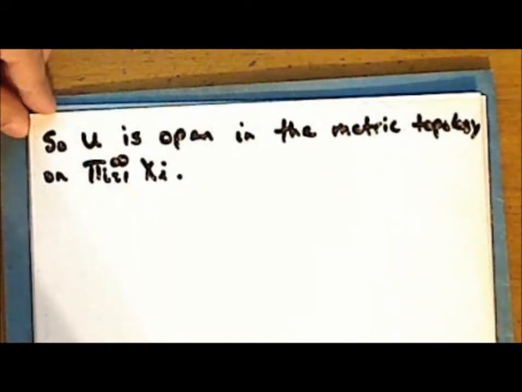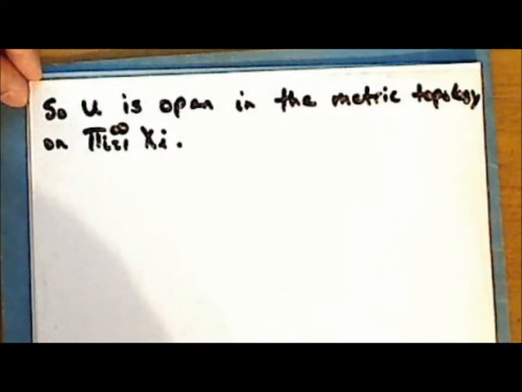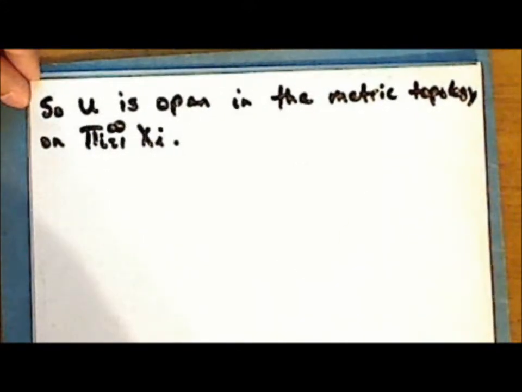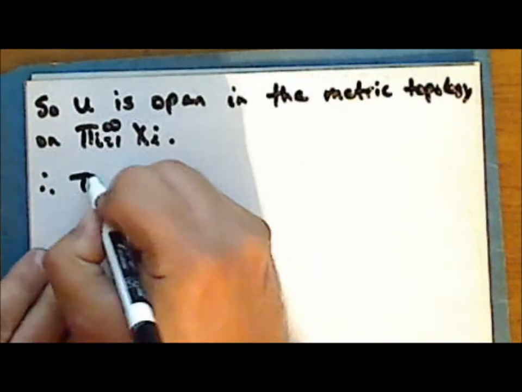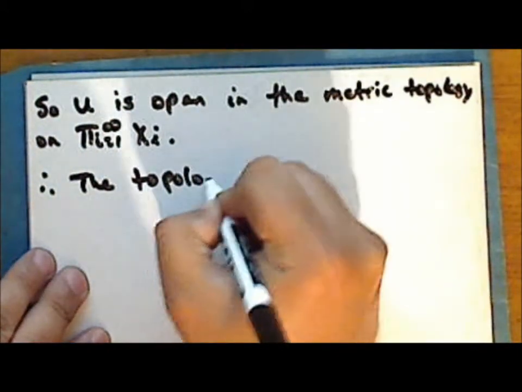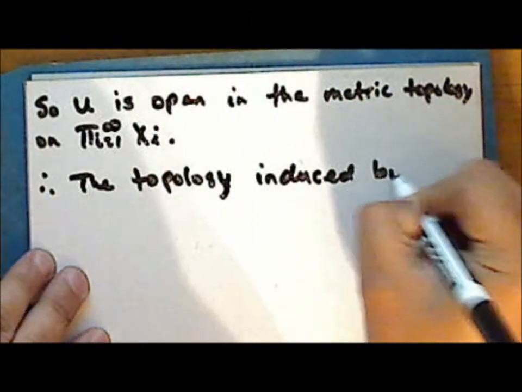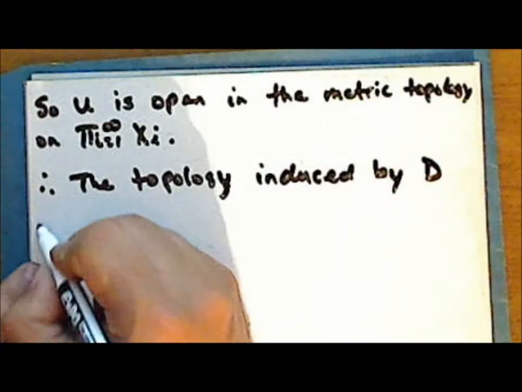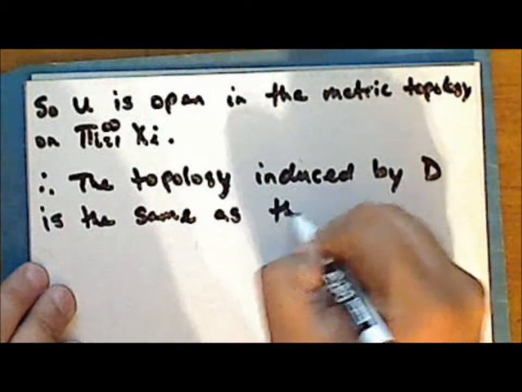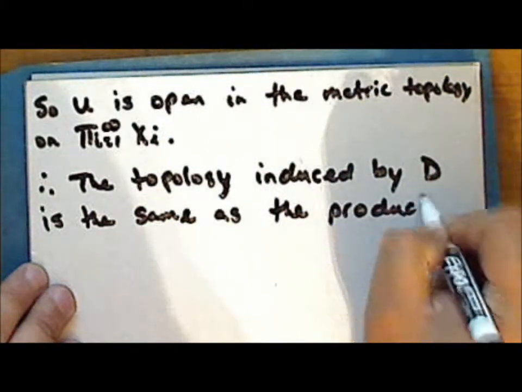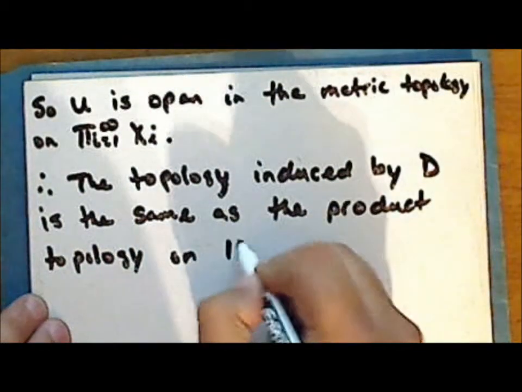So we have demonstrated that every open set in the metric topology is also open in the product topology, and conversely that every open set in the product topology is also open in the metric topology. And so the topology induced by the metric big D is the same as the product topology on the countable product space.